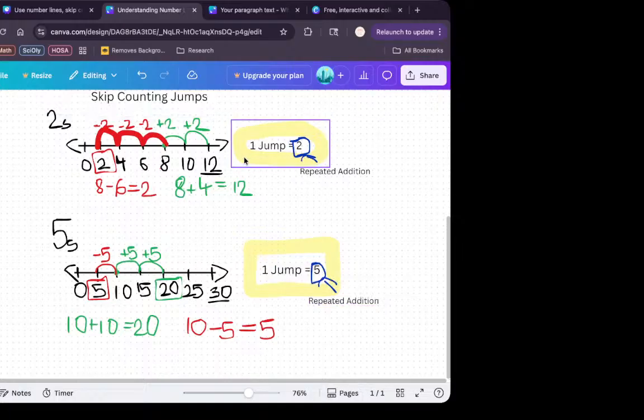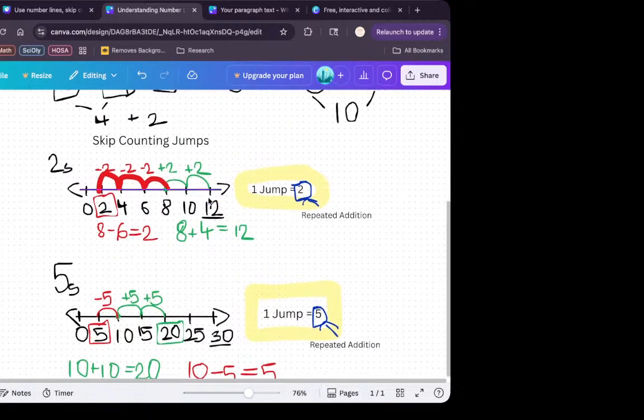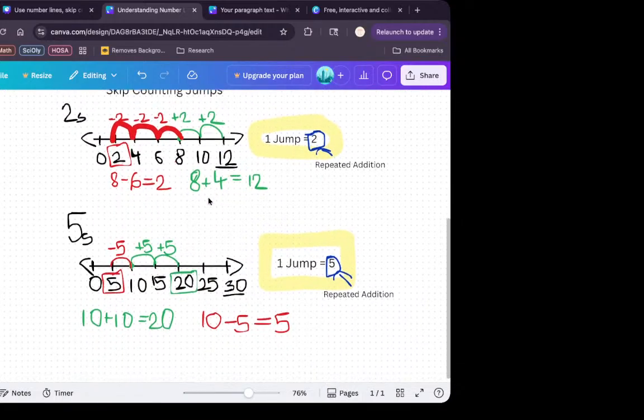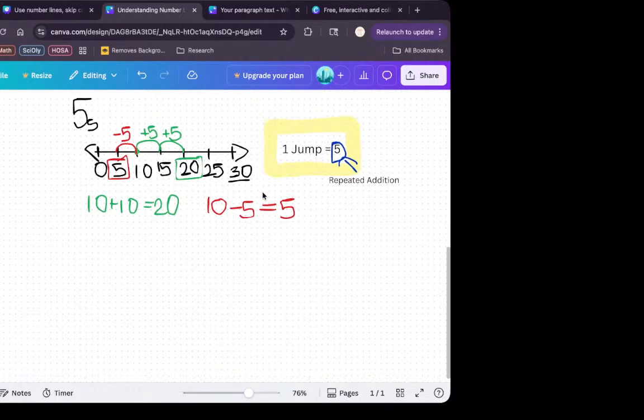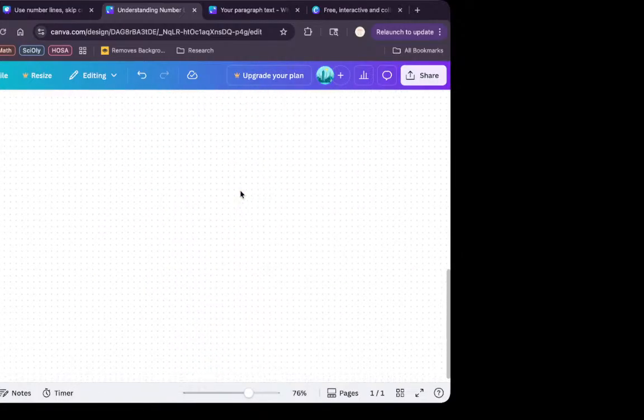This is really important when it comes to number lines, because if we don't know what our repeated addition value is, then we won't be able to utilize the number line properly. So let's do, we already used skip counting jumps and repeated addition here, but let's use a couple of examples.